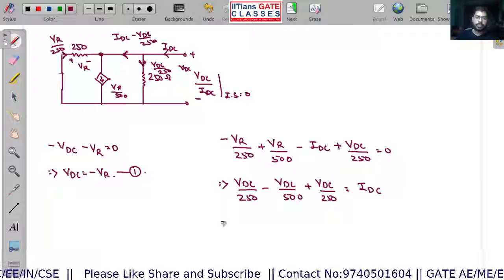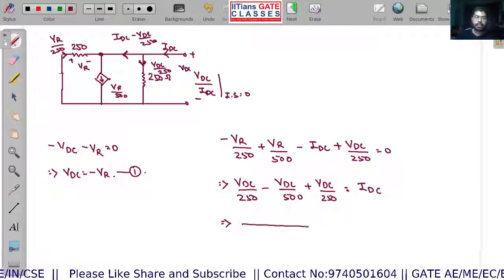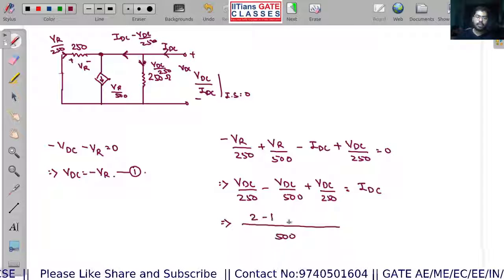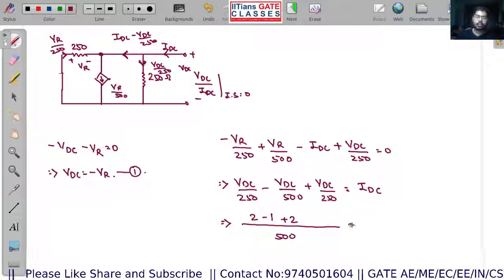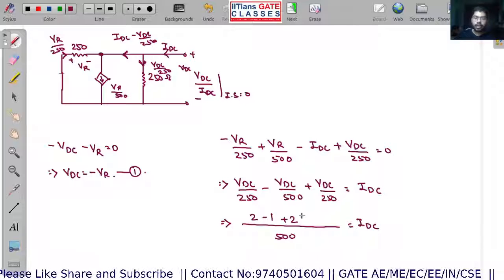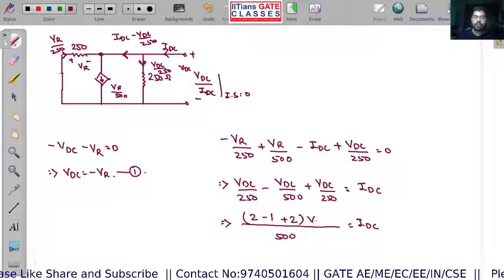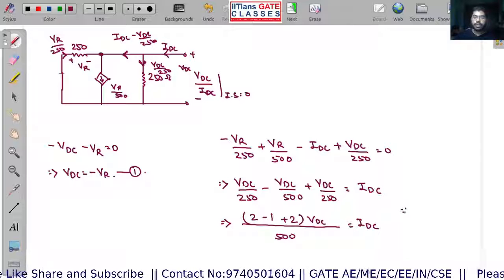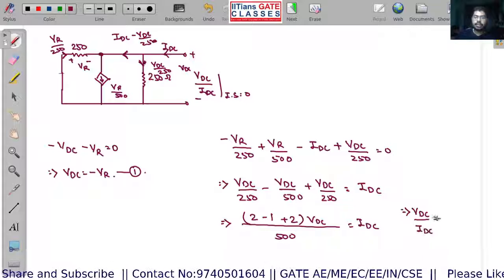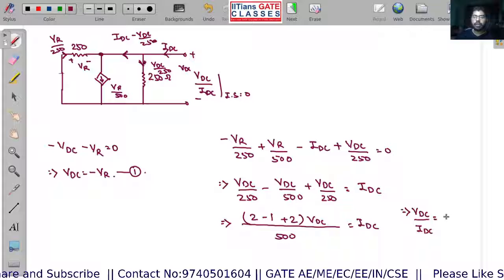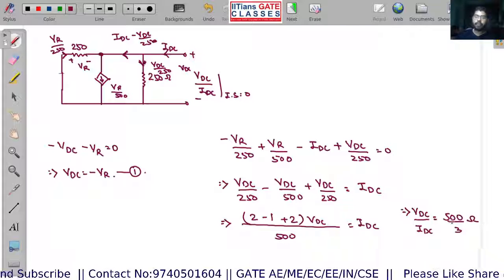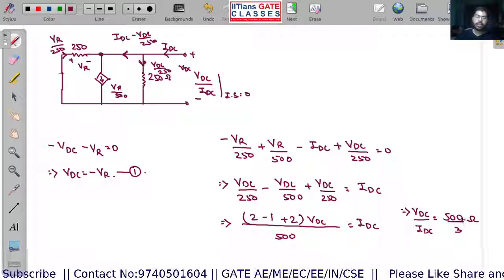Now solving this, take LCM 500. So this will be 2 minus 1 plus 2 equal to IDC. So VDC by IDC is equal to 500 by 3 ohm.